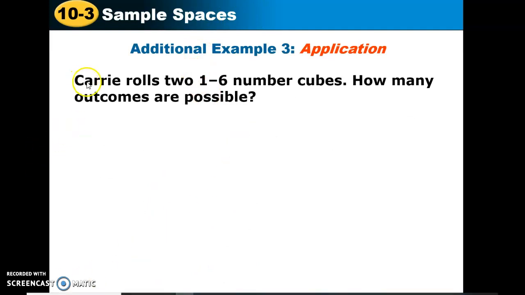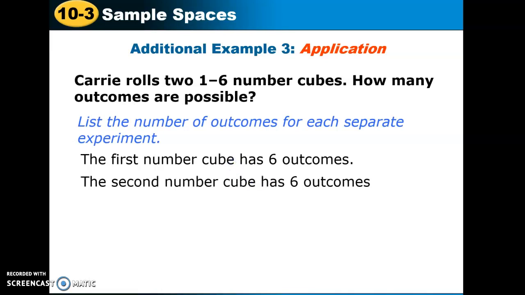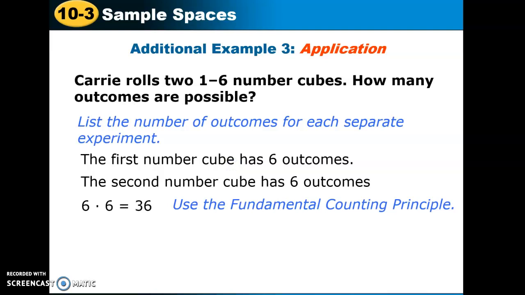Okay, so we have Carrie, who rolls 2 number cubes numbered 1 to 6. So she's rolling the dice, right? How many outcomes are possible? The first number cube, or the first die, has 6. The second die has 6. So you take 6 times 6 and you get 36.